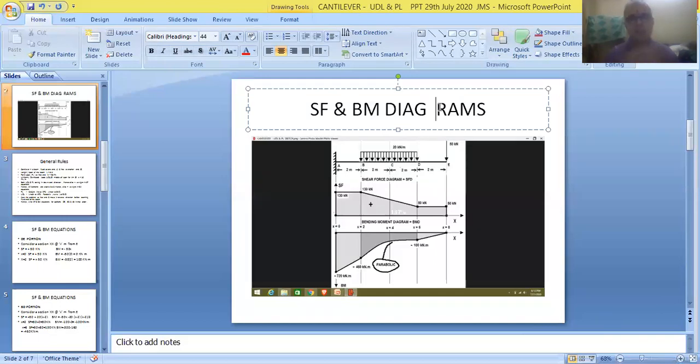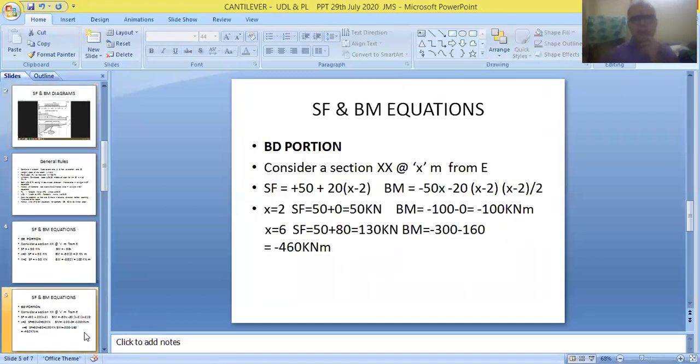Also, we have discussed about the preparation, the construction of shear force and bending moment diagrams for cantilevers under the action of point loads and uniformly distributed loads. So friends, with this we are coming to the end of the session.